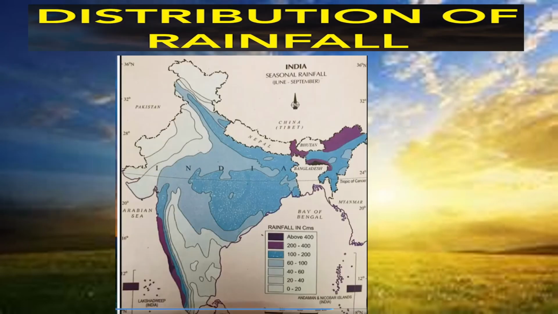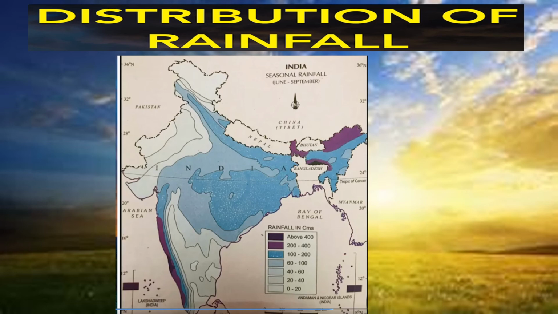Distribution of rainfall. As we have seen in the previous slide, because of temperature, precipitation, different climatic condition, the distribution of rainfall is not same throughout India. So let's have a look at how the rainfall is distributed in India.